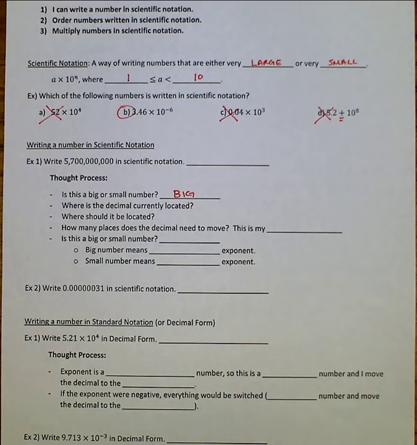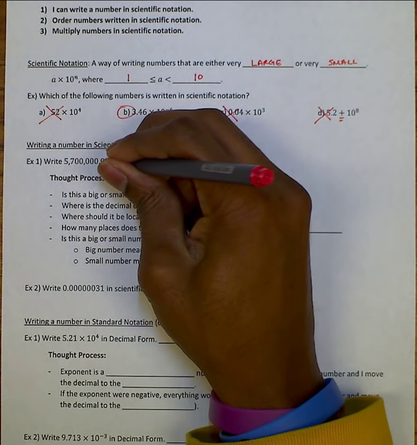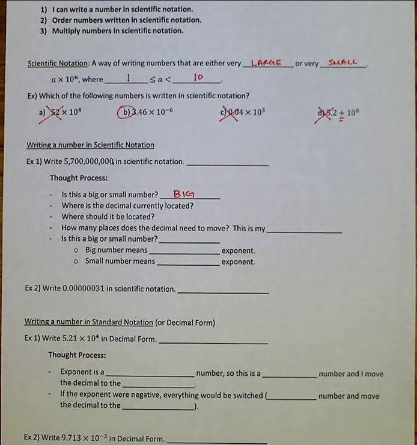Where is the decimal currently located? If it's a whole number, the decimal is located at the end. Where should it be located? Because of our rule that a has to be greater than or equal to 1 and less than 10, there's only one spot where our decimal can be located for that to be true.